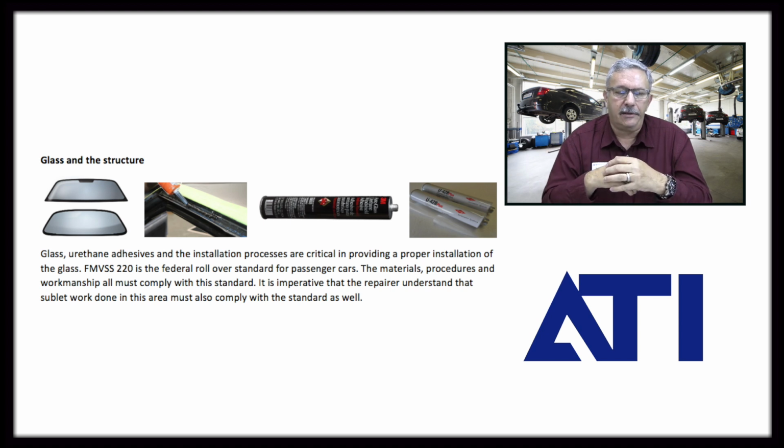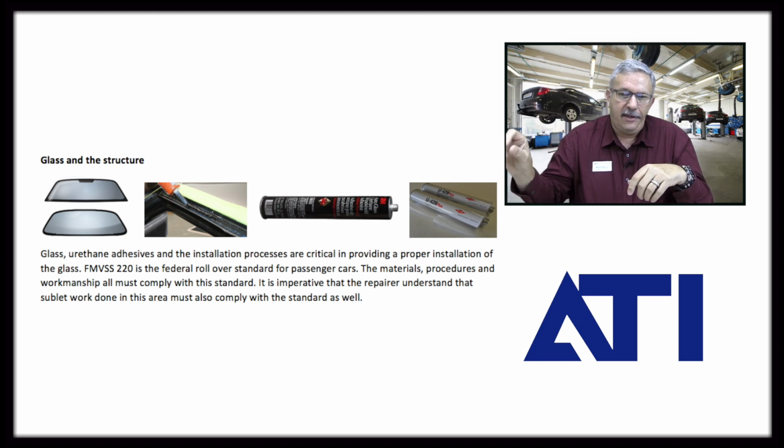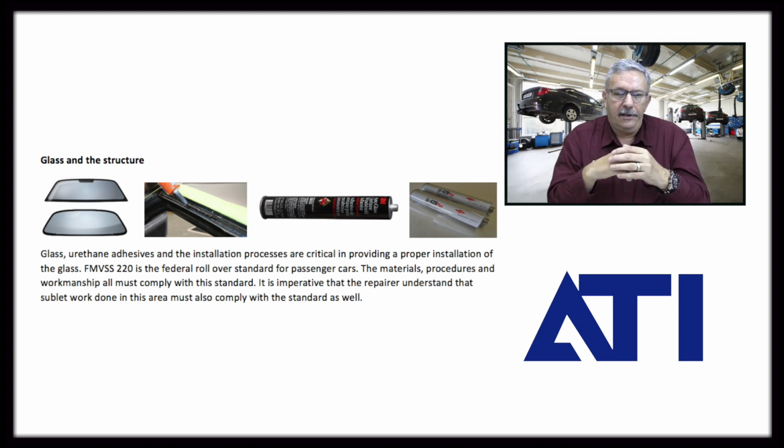Another thing that needs to be looked at here: let's say you're replacing a quarter panel, and where the quarter panel joins the B pillar and the C pillar at the sail panel, you've got an area that has been cleaned off in order for the weld processes to take place.